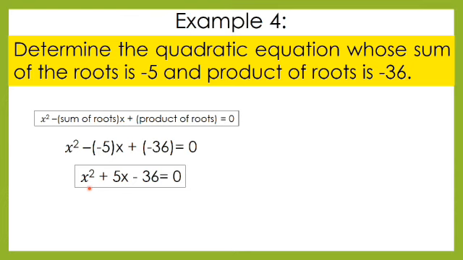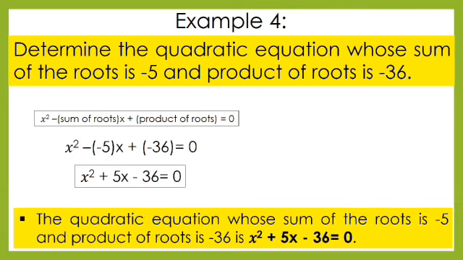x squared, negative times negative 5 is positive 5x. Positive times negative 36 is negative 36 equals 0. Therefore, this is our quadratic equation.